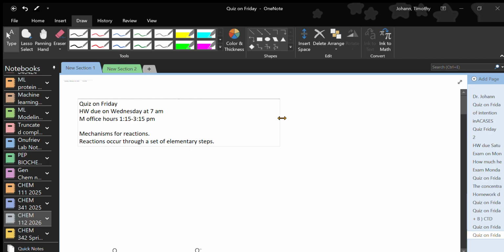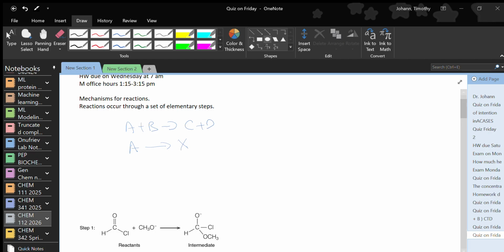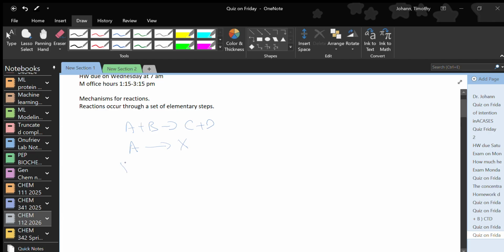All right, so what we can think about is, let's say we have a reaction where A plus B goes to C plus D. All right, and so what might happen there is we might have A make something called X, some other reactant or intermediate, and then X reacts with B to make C plus D. All right, that might be our overall reaction.